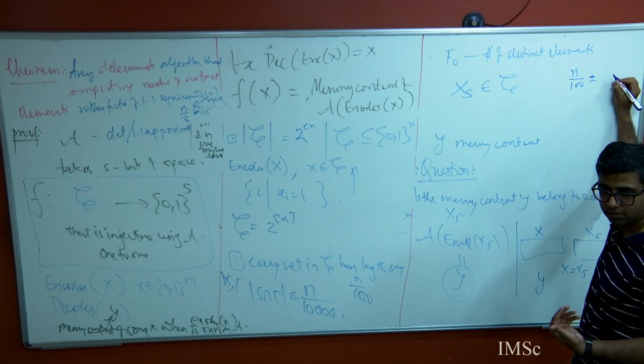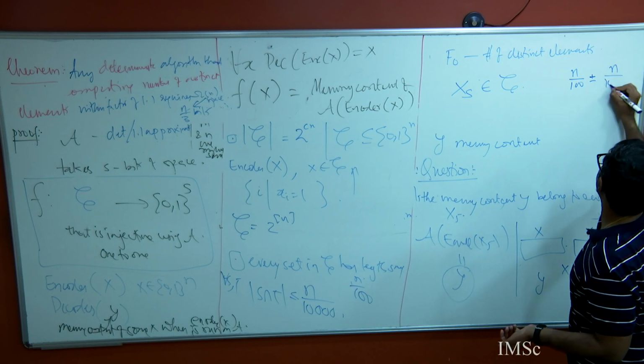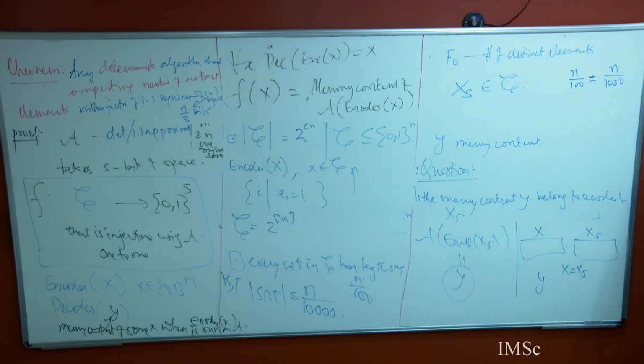It is 1 by 10, right? So n over 1000. This is what the variation will be, right? So then my number will be n by 100 plus minus n by 1000.